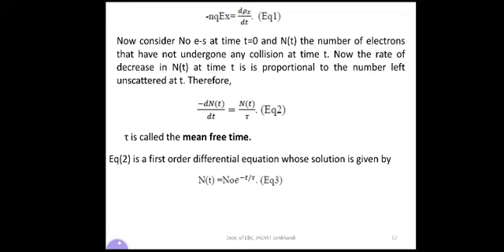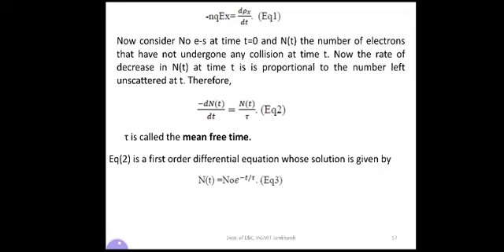The rate of decrease in n of t at any time t is proportional to the number left unscattered at t. That is given in equation form as minus d n of t by dt is equal to n of t by tau. Name it as equation number 2.